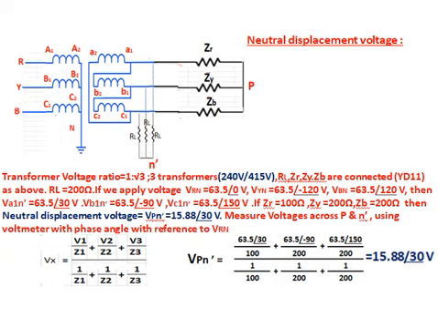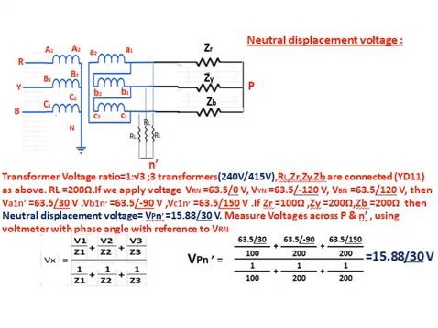If we apply voltage VRN equal to 63.5 angle 0, VYN equal to 63.5 angle minus 120, VBN equal to 63.5 angle 120 on the primary side, then VA1N' equal to 63.5 angle 30, VB1N' equal to 63.5 angle minus 90, VC1N' equal to 63.5 angle 150.